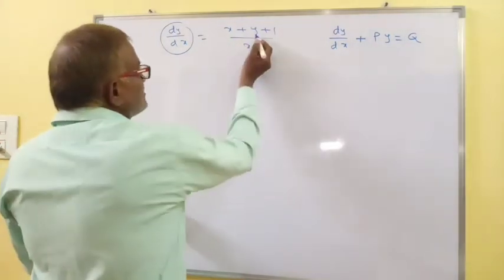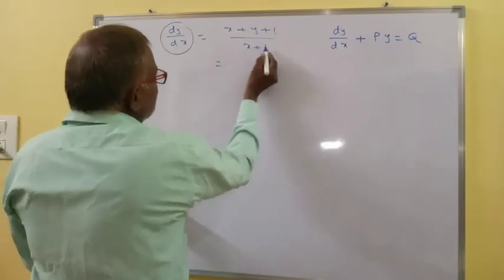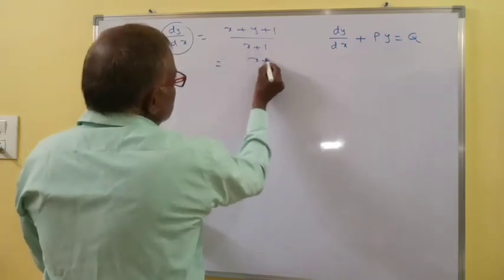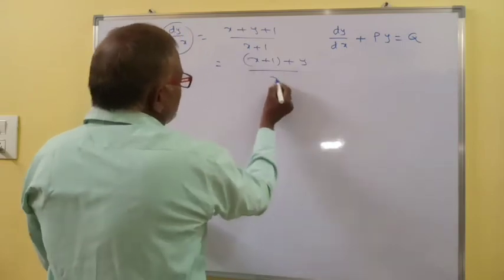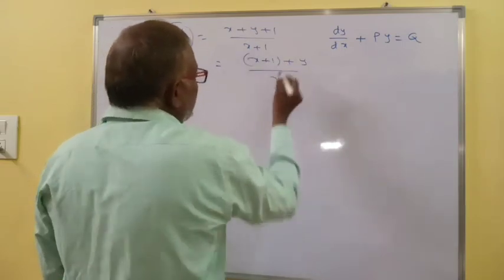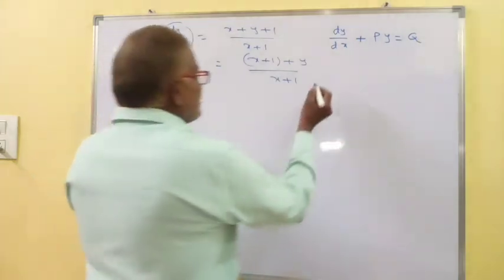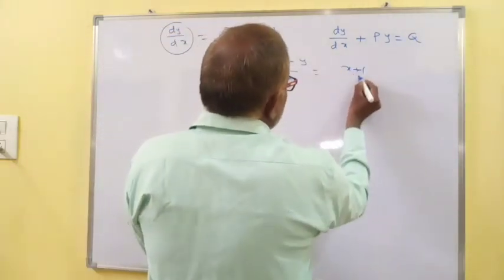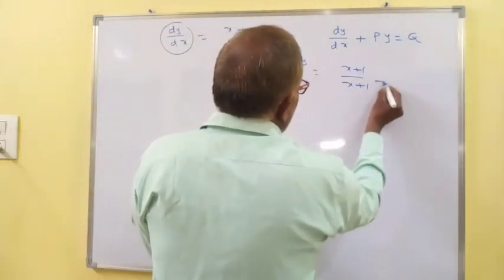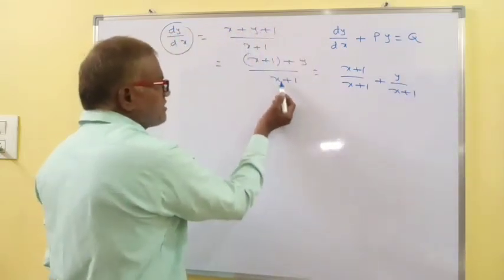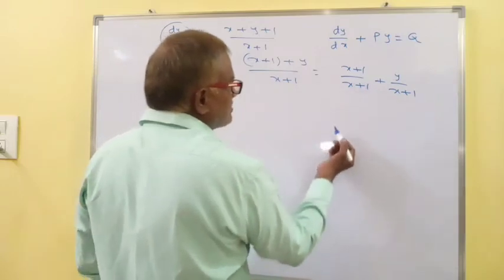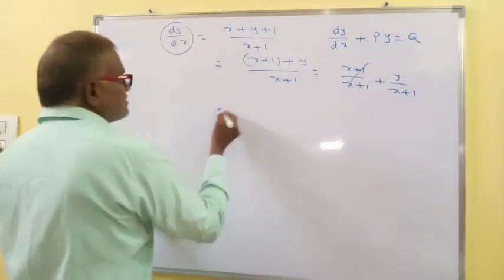That means first of all you have to simplify this one. Here x plus 1 is there, so the numerator can be rewritten like this. Simply write the numerator as x plus 1 plus y. If you separate this, simply write x plus 1 by x plus 1 plus y by x plus 1. That means this will get cancelled.